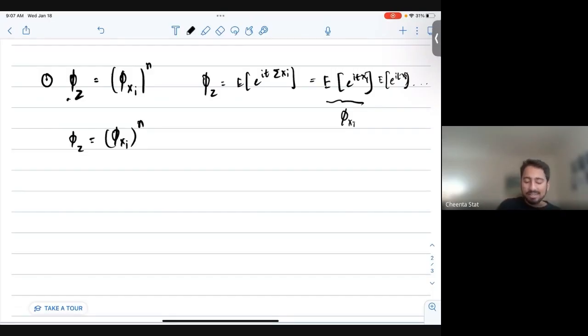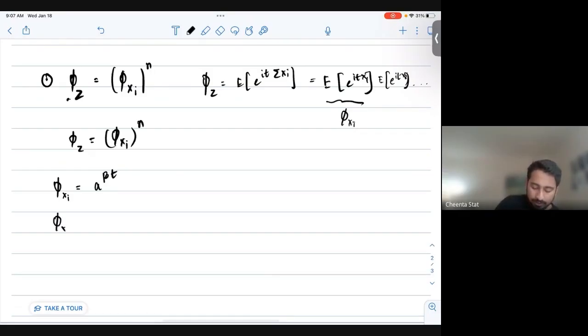So understand it will be of a similar format if phi of Xi is of the format a to the power beta t.